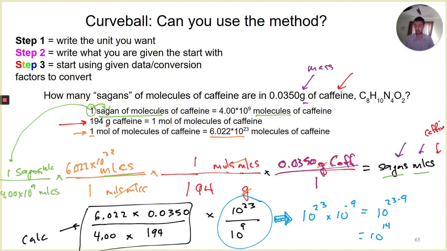I could now look at my answers and maybe eliminate all the wrong ones, because I should be in the ballpark of 10 to the 14. If I'm seeing a 10 to the negative, wrong. If I'm seeing 10 to the 5, probably also wrong. That really does depend on the size of the calculation with the numbers over here, but I now have a ballpark estimate for where my final answer should be.